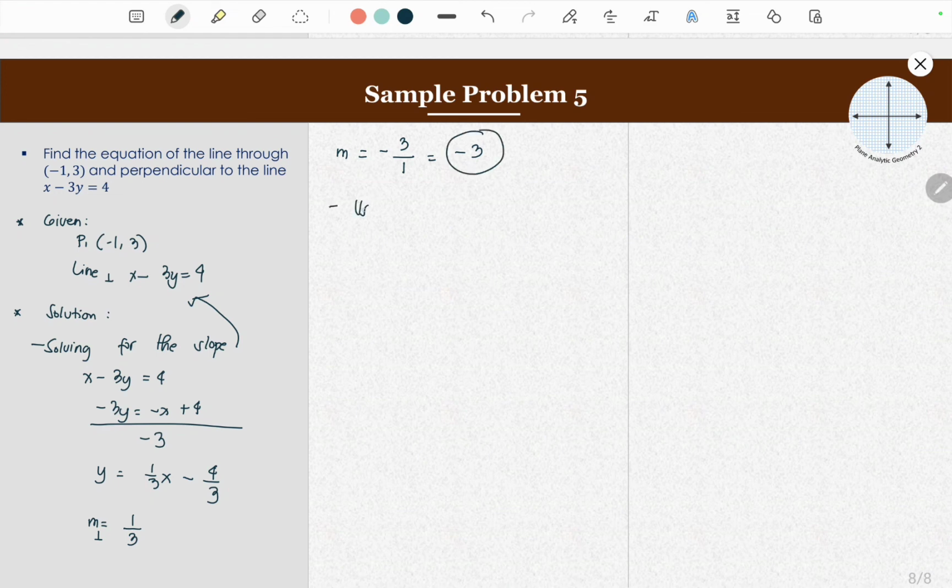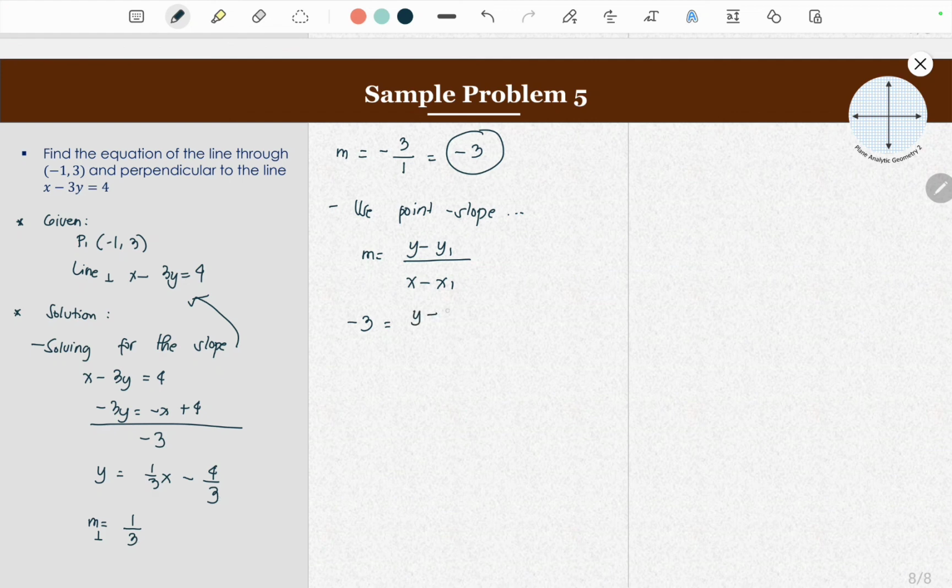So use point-slope form to solve for the equation of the line. Again, don't be confused with the slope. Use the slope of the line, which is -3, not 1/3.